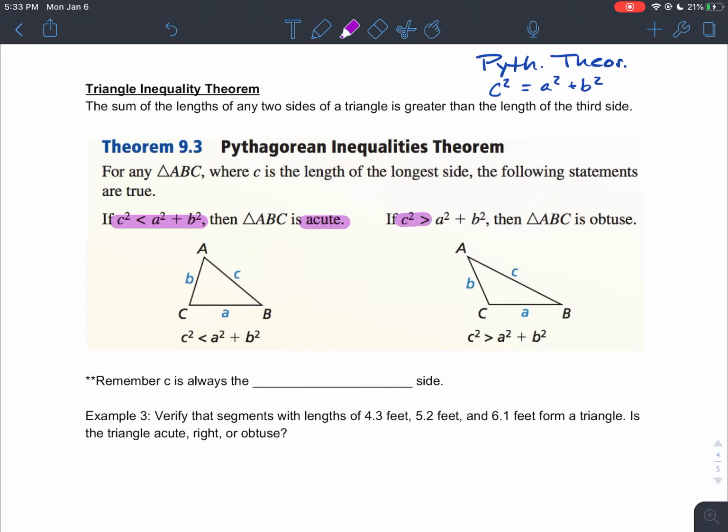If c squared is greater than a squared plus b squared, then the triangle is obtuse. If c squared equals a squared plus b squared, then it is a right triangle. And remember, c is always the longest side of the triangle.